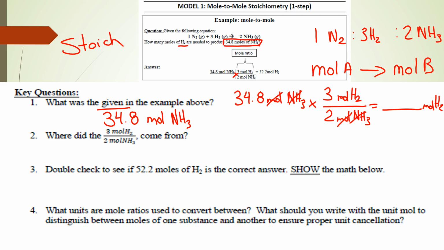But where does the 3 to 2 come from? If you look in your balanced equation, you have 3 hydrogens for every 2 ammonias. So this 3 and 2 comes from the balanced chemical equation.